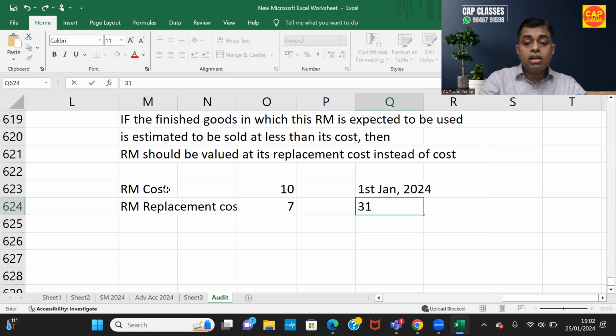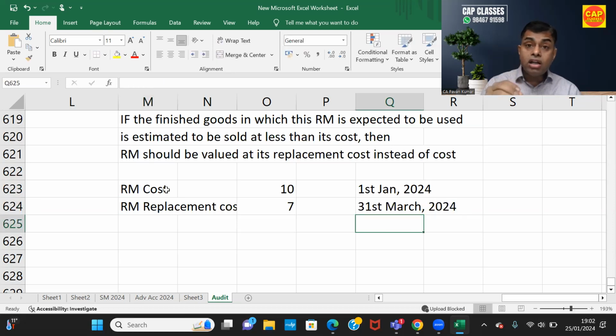This is on 31st March 2024. So I bought today, its price is 7, but I bought it at 10 2-3 months back. Should I book a loss? The answer is no. Why? Because you are not selling this, that sale price is irrelevant.